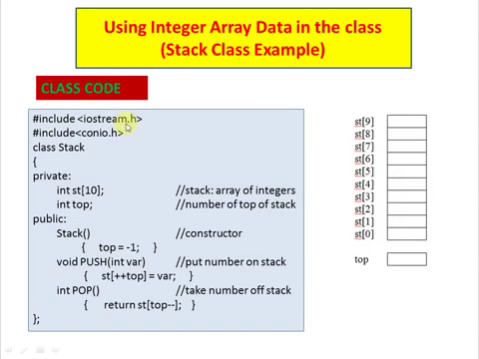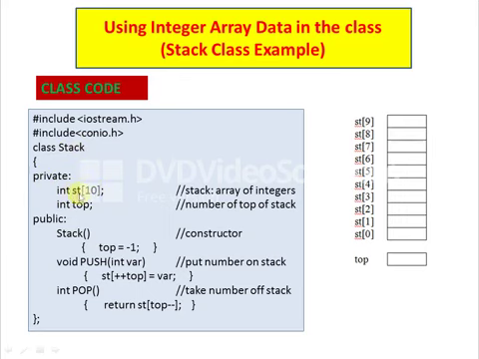#include <iostream.h>, #include <conio.h>. These are two header files which are mandatory in each and every program of object-oriented programming. And this is our class whose name is stack. In the private section of this class, we are going to declare the data which is required by this class object.